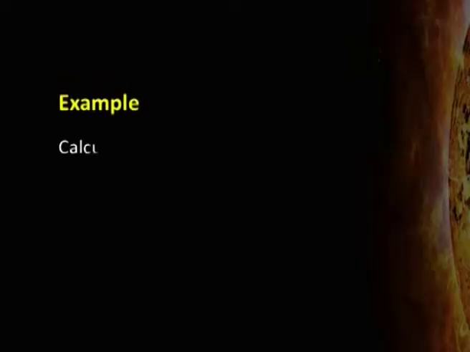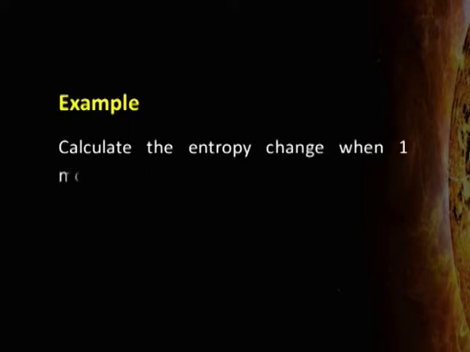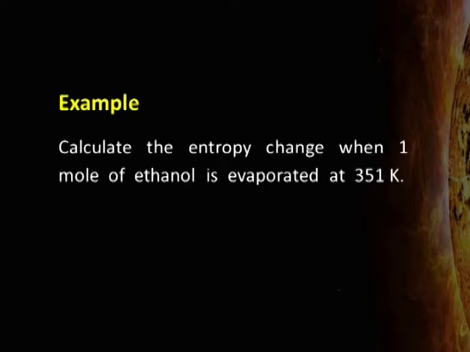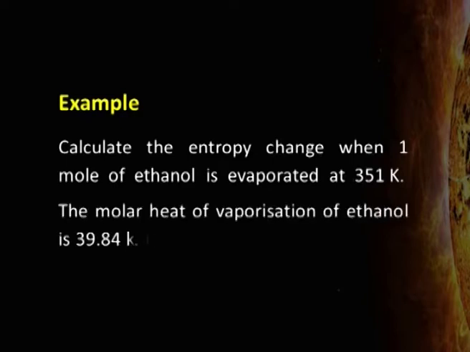Here are a few examples to understand the calculation of entropy change of fusion, or we can say entropy change of vaporization also. Calculate the entropy change when 1 mole of ethanol is evaporated at 351 Kelvin. The molar heat of vaporization of ethanol is 39.84 kilojoules per mole.